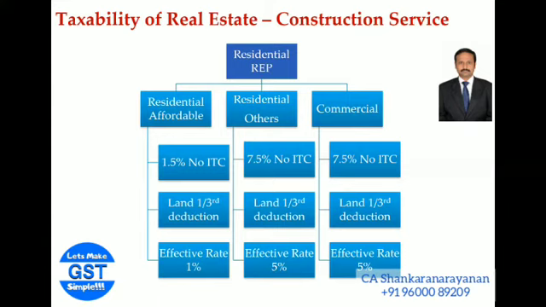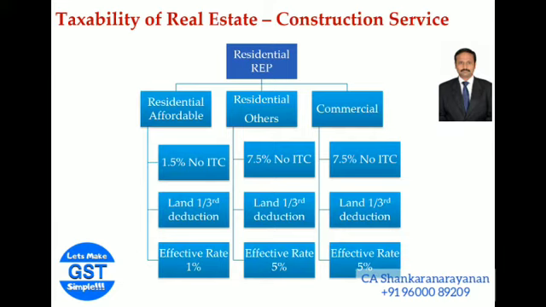If you are booking a 30 lakh apartment, land is also there, building is also there. So the department is saying, I will give you a deduction for land of 1/3, which means 10 lakhs you deduct. You pay GST only on 20 lakhs. So effectively on 1.5%, you deduct 1/3, you end up with an effective rate of 1%. That is what is considered to be affordable residential.